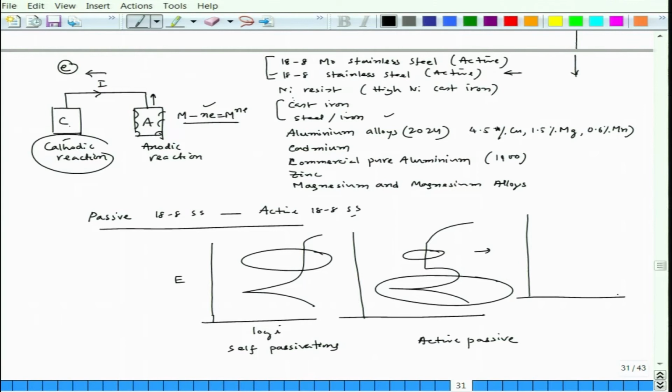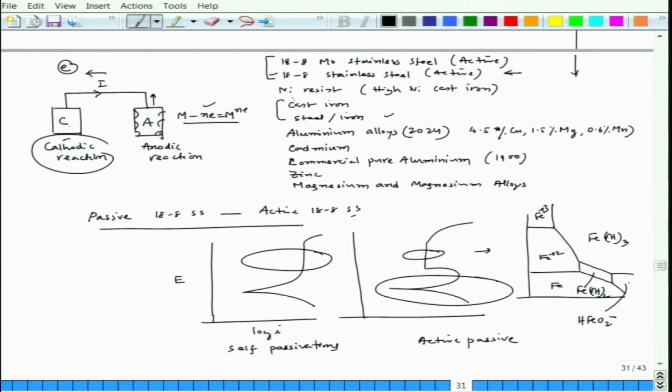This also has a direct correlation with the Pourbaix diagram. If we see the iron Pourbaix diagram, it is like this. So, now here it is Fe, this is Fe2+ and this is Fe3+, and this is Fe(OH)3 and this region is Fe(OH)2 and this is HFeO2-.